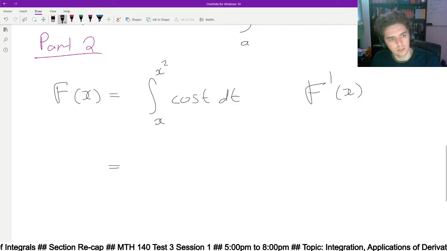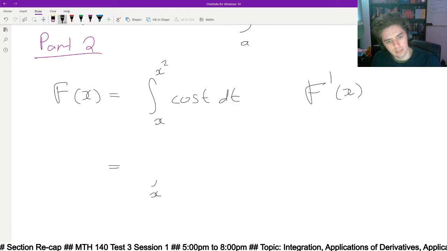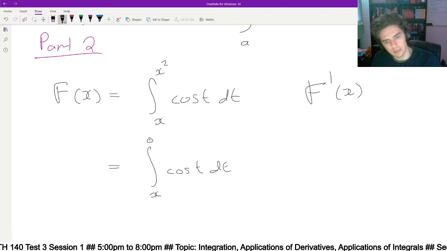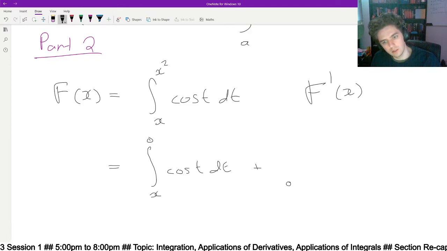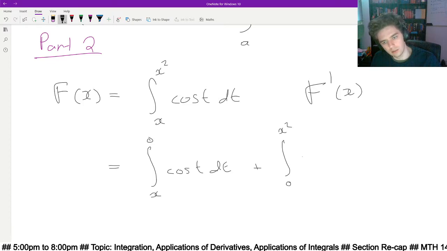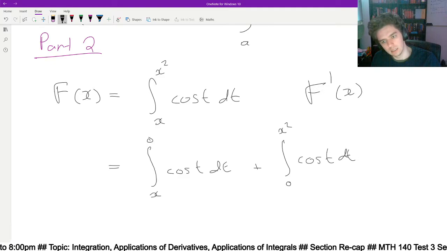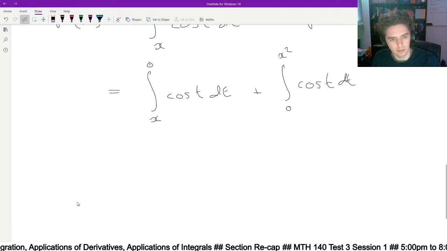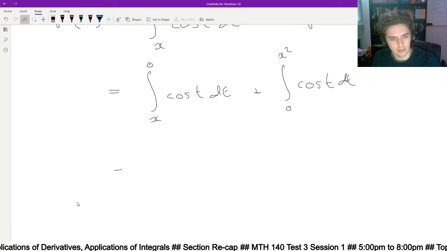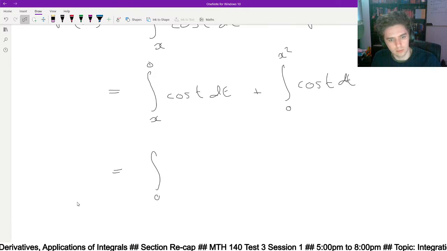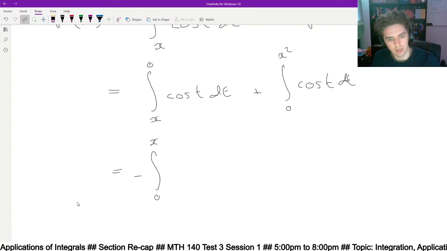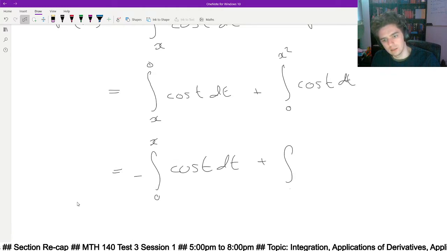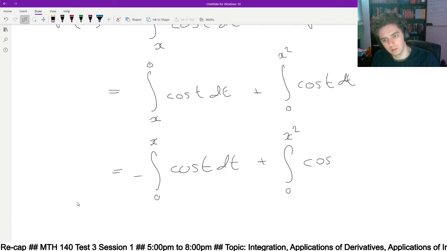So we split this into two integrals: from x to 0 of cos t dt plus 0 to x squared of cos t dt. And then flip this one here, so it's going to be negative the integral from 0 to x of cos t dt, plus the integral from 0 to x squared of cos t dt.